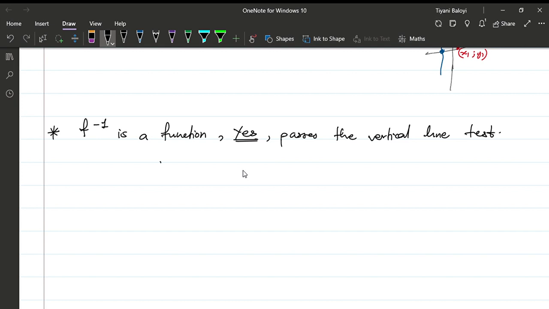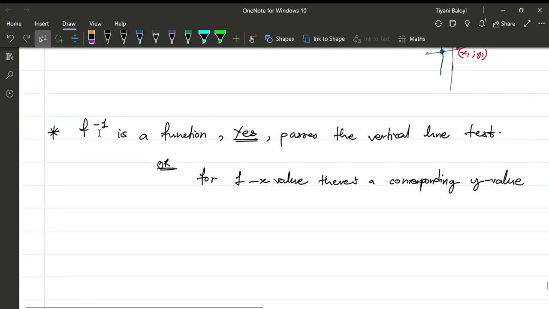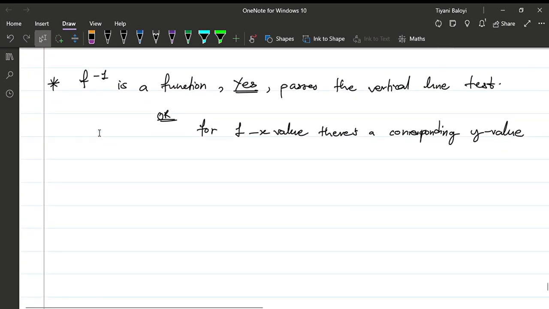Or your reason could be, for one x value, there's a corresponding y value, right? So we're done. Saying that it passes the vertical line test actually answers the question. So you can just write that, it's fine.